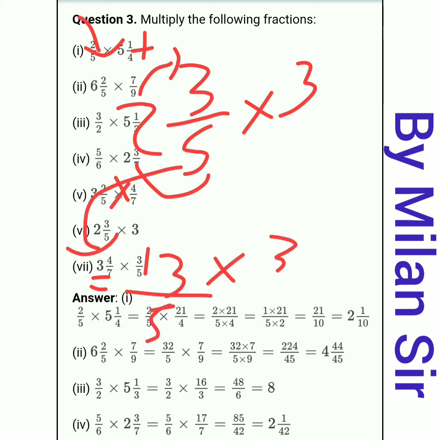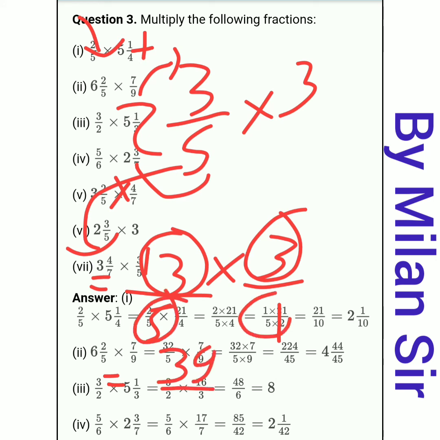Here multiply 3. Nothing is present in denominator, so we can write 1. Now here we cannot simplify it. So directly 13 multiply 3, 39 divided by 5.